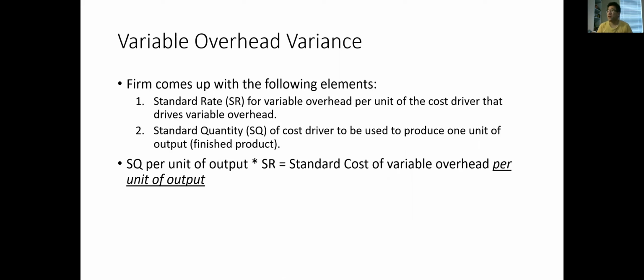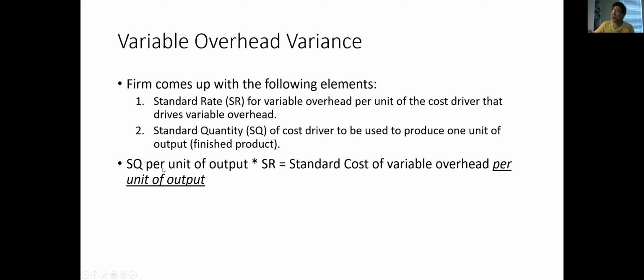So let's take a look at the overhead, okay? For variable overhead, we have a standard rate for variable overhead per unit of cost driver that drives variable overhead. And we also have the standard quantity of cost driver to be used to produce 1 unit. So it's very much like direct material, if you recall.